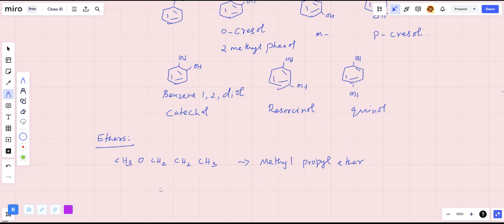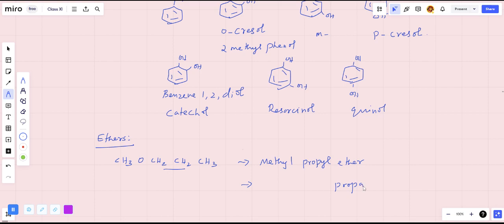But how do you write the IUPAC name for this one? We have to check which one has more carbon. Two alkyl groups are there, so which has more carbon? This side is propane, so the name should end with propane.